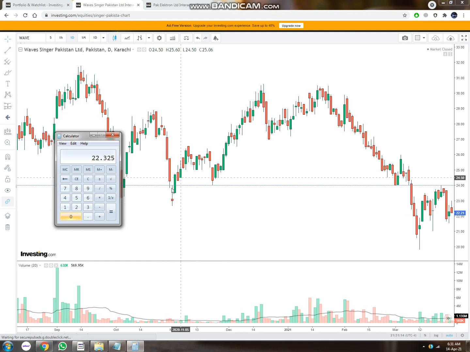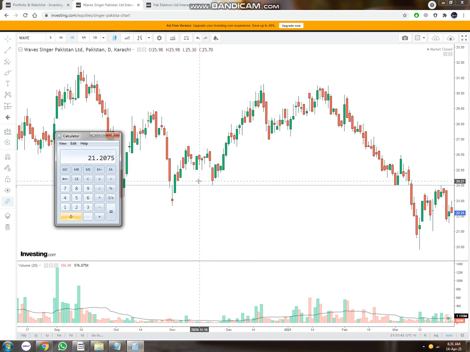Now let's say with the rising prices, at this level you want to keep your loss at 15%. What is the closing price? 24.95, sorry, 24.95 multiplied by 0.85 equals 21.20.